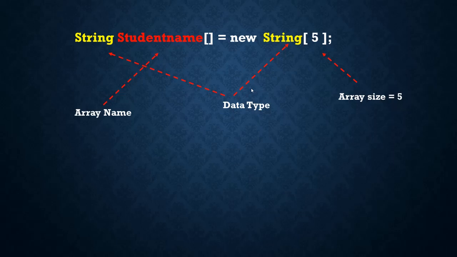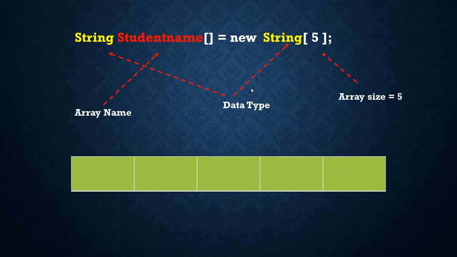And once I execute this, you will get the array. And look at this. You have 5 slots. In memory, these 5 slots are continuous. And also, it starts from 0 and ends with 4. And remember, every slot in the array has an index number.